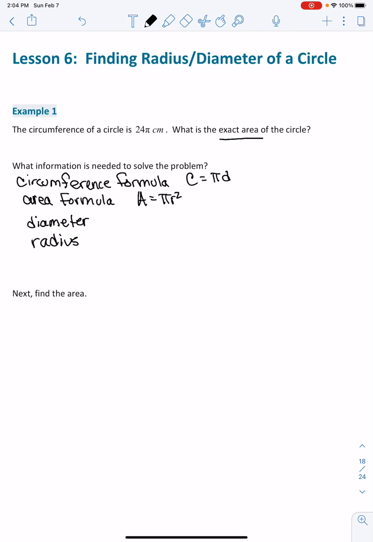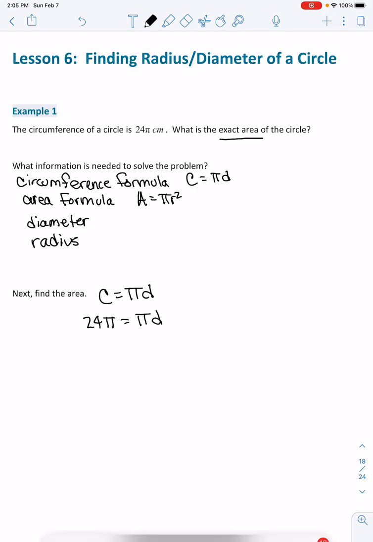So next, we have the circumference. So if we start off with C equals pi d, we replace our circumference with 24 pi, and on the other side we have pi d.